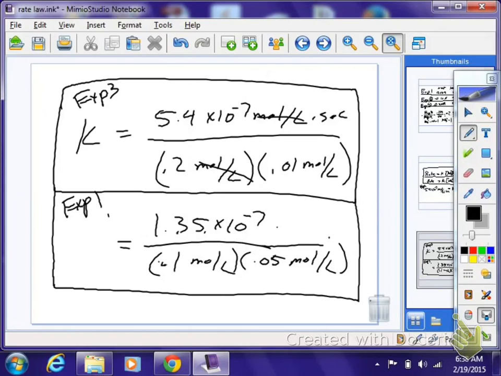If we look at the label of our final answer and its constant, it's going to be the same. So there is our example. If we do the calculation for that, we would get 2.7 times 10 to the minus fifth for both of these.